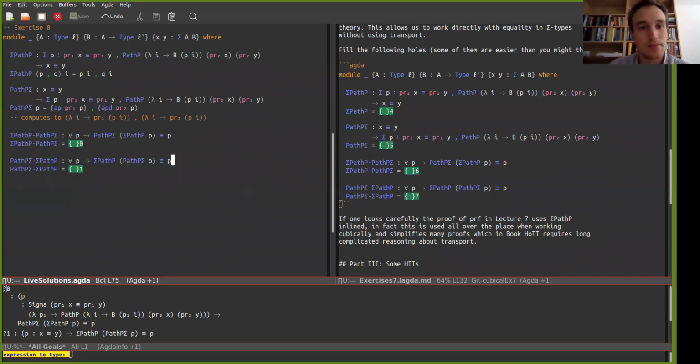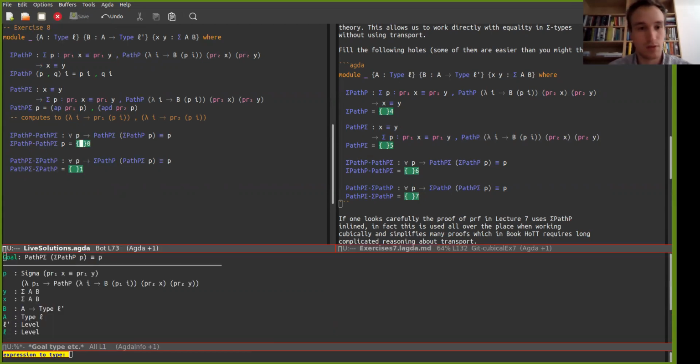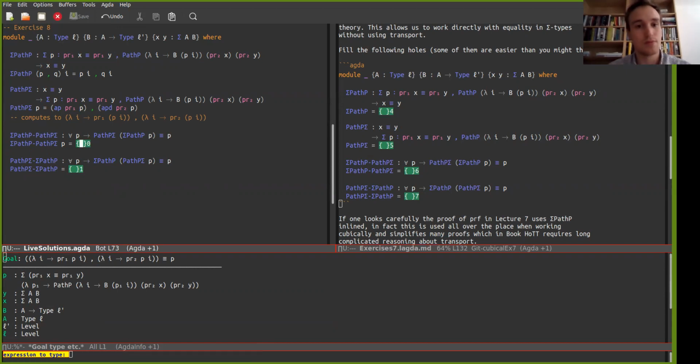Okay. Now we want to prove that the two round trips, so we have to provide a path like that. Maybe anyone has suggestions? I'm going to give a hint. It's much easier than you might think.